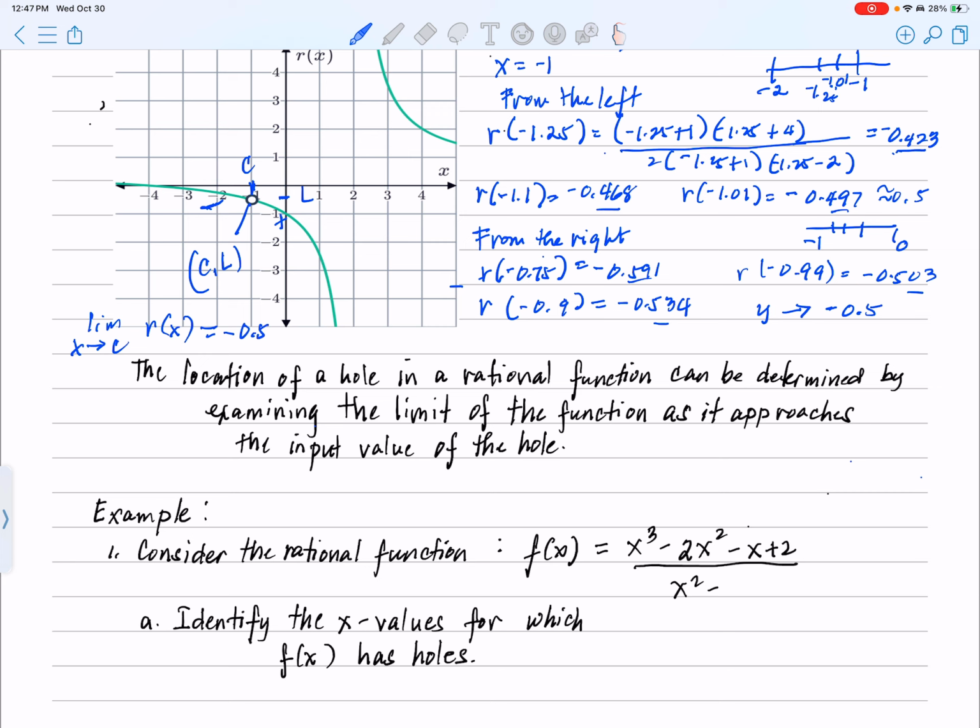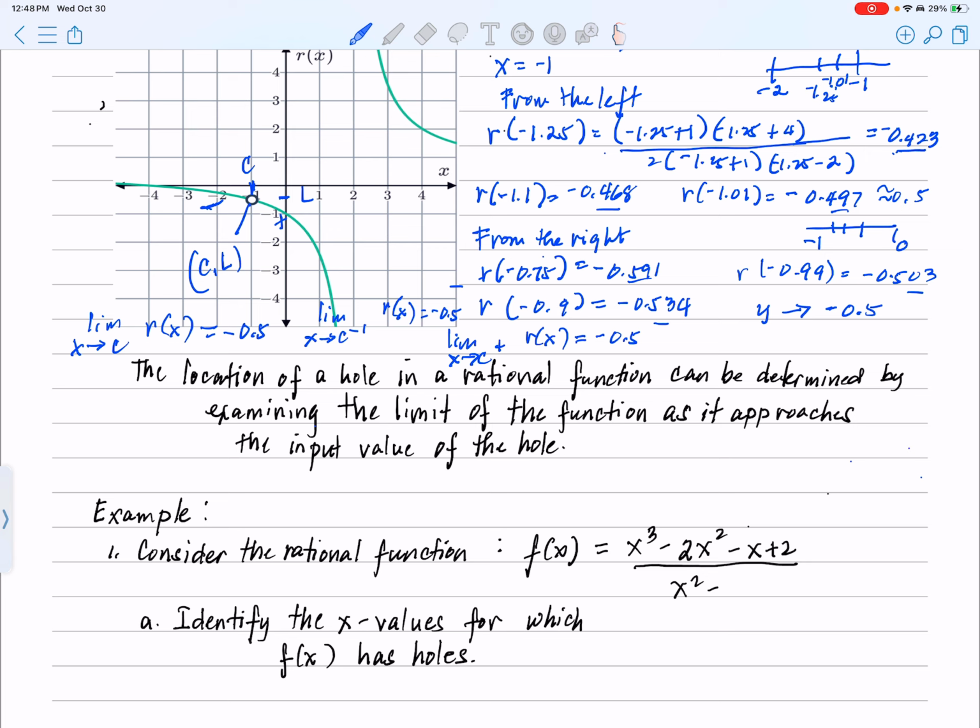Okay. So whether the limit is from the left, as x approaches c from the left, the r of x is -0.5. The limit as x approaches c from the right, the r of x is -0.5.